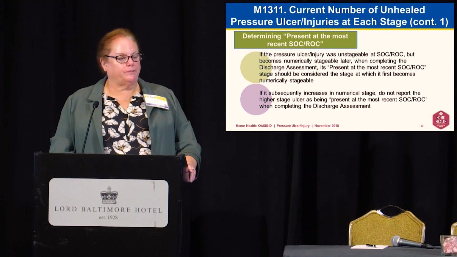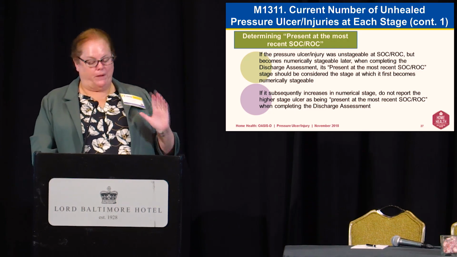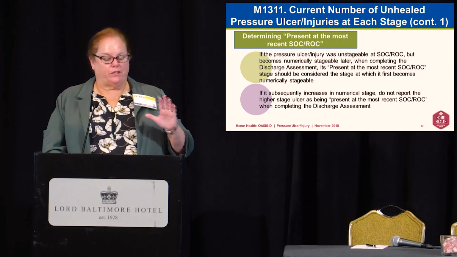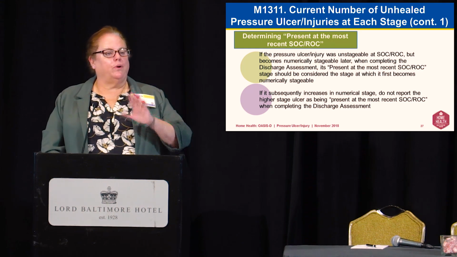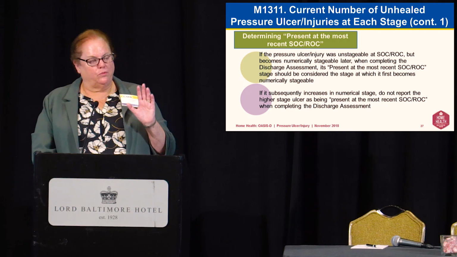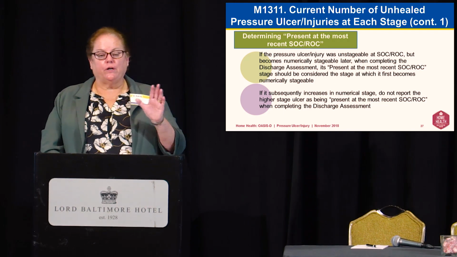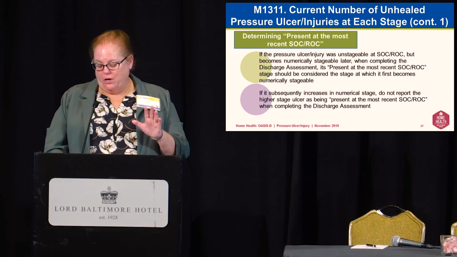So what does that mean? So you're doing an assessment on a patient and you're saying it's unstageable. I don't know what the stage is, okay? Now, through debridement or whatever, let's say it's 2 weeks into your caring for this patient. Now you're saying, oh, it's very clear it's a stage 3. So now we've staged it as a stage 3.